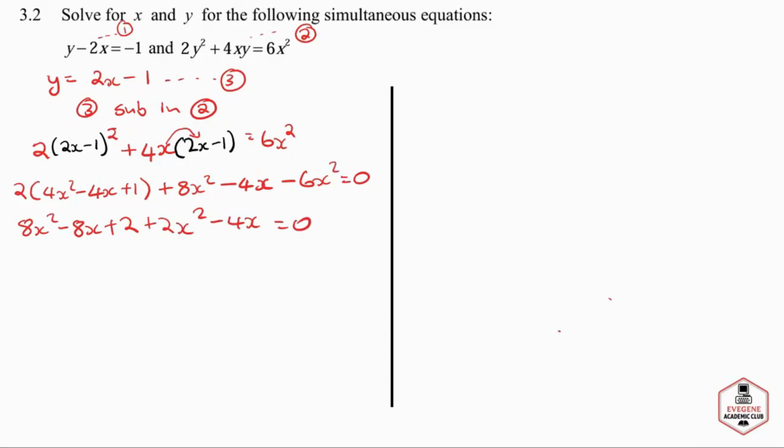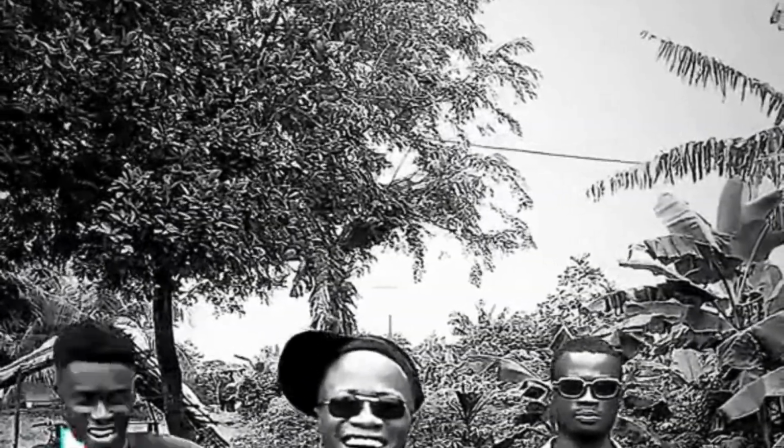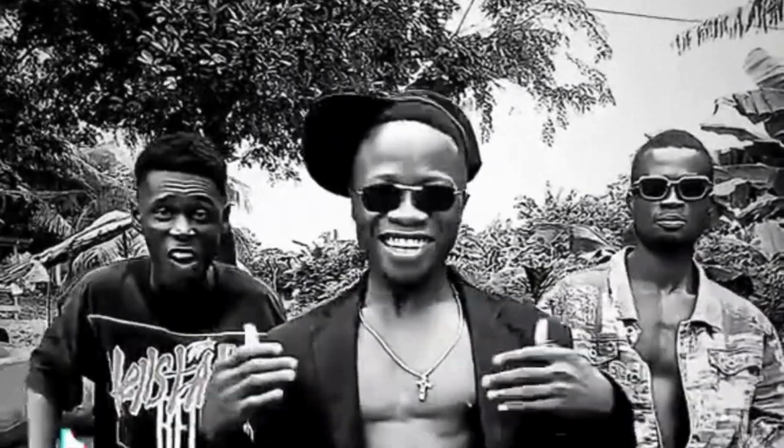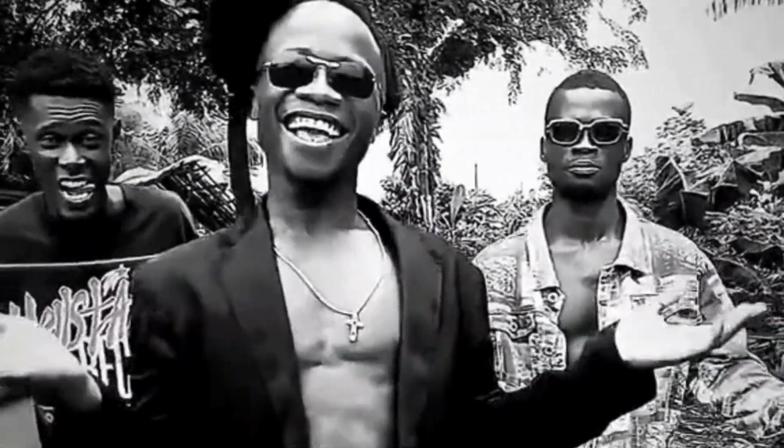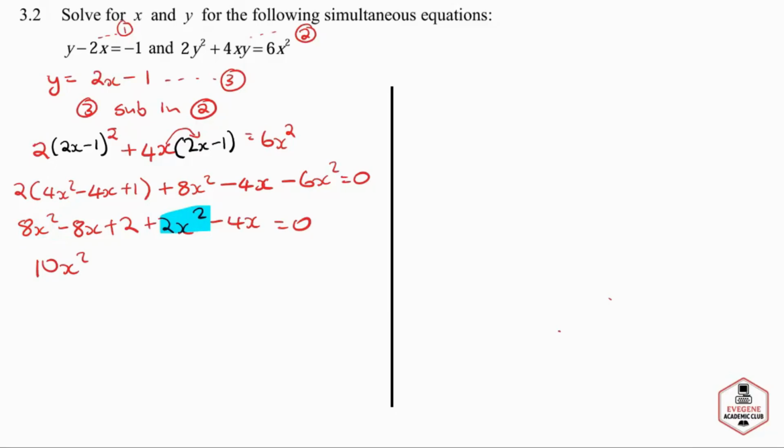Like terms again, positive 8x squared, 2x squared, that would give me 10x squared. And then what I have, negative 8x, negative 8x, and negative 4x.